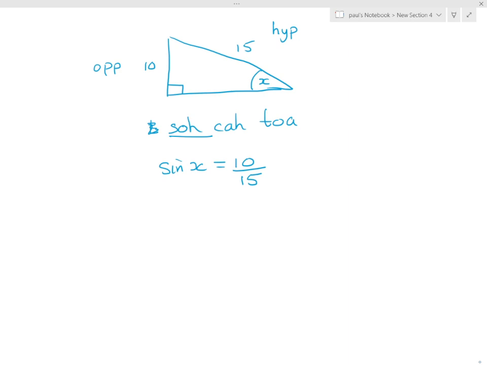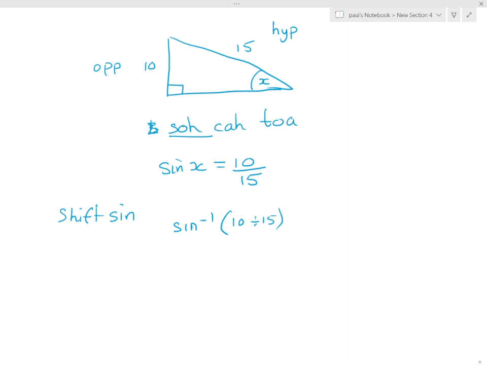So we need to use the shift sine. So when you go from a numerical value to an angle that is unknown, you need to go shift, and so the little yellow writing just above the sine button. So shift sine, and that comes up on your calculator as sine -1, like that. And then you just put 10 divided by 15 in the calculator.